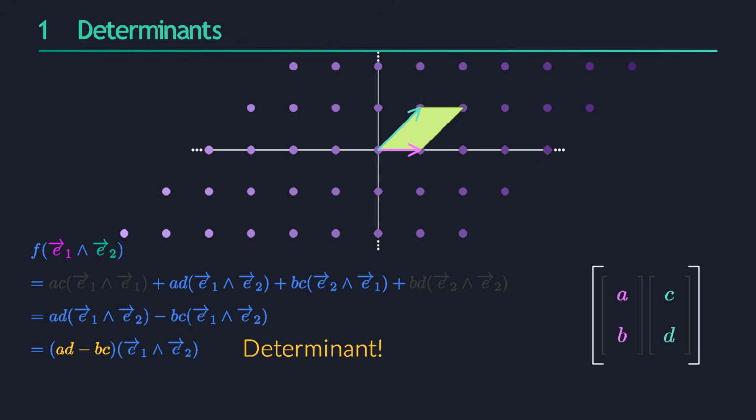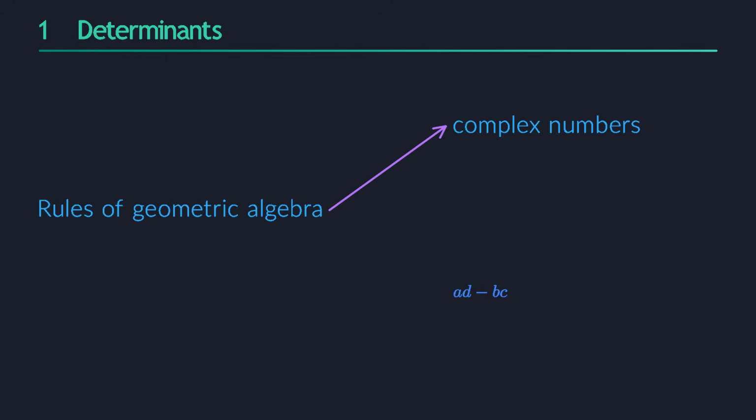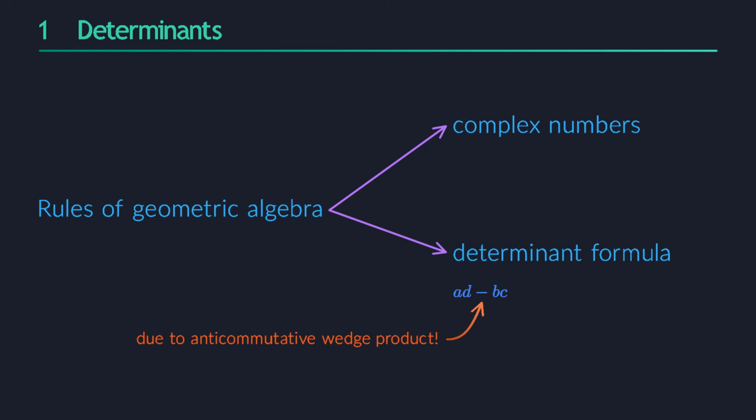Just think about how powerful and versatile this is. The same rules that gave us complex numbers now give us the determinant. Specifically, the formula for determinants follows from the anti-commutativity of the wedge product. If you have ever wondered where all those minus signs in determinant formulas are coming from, now you know.